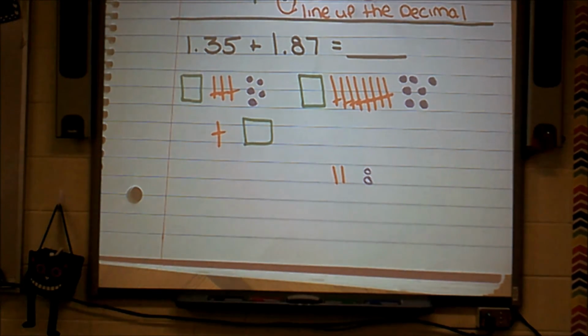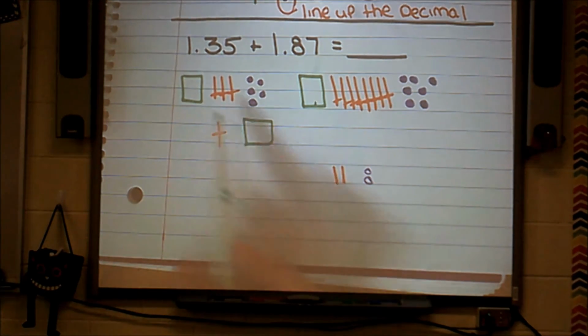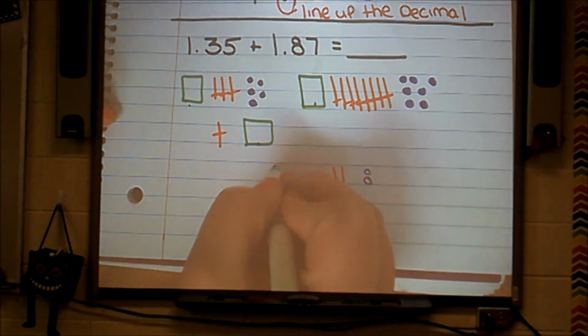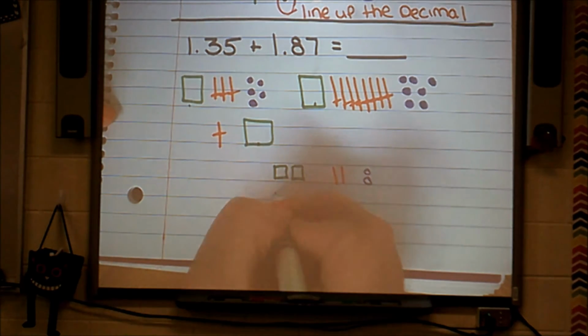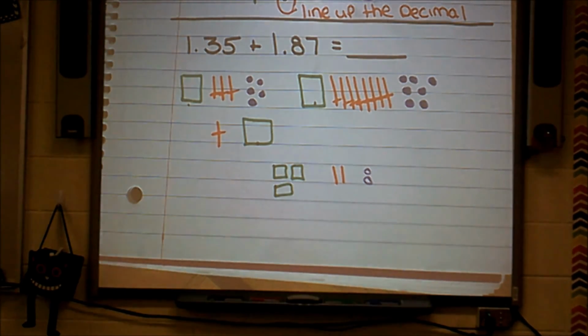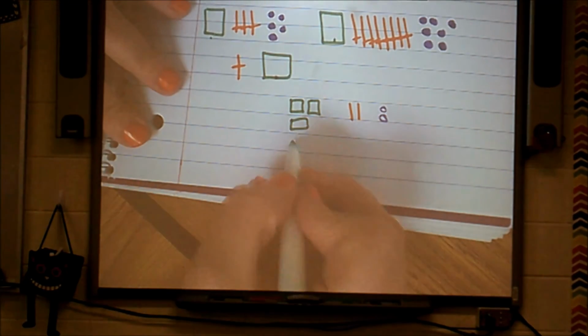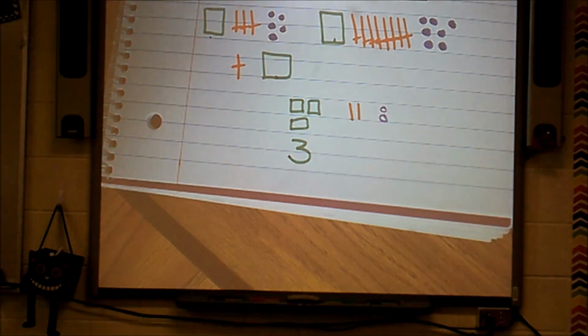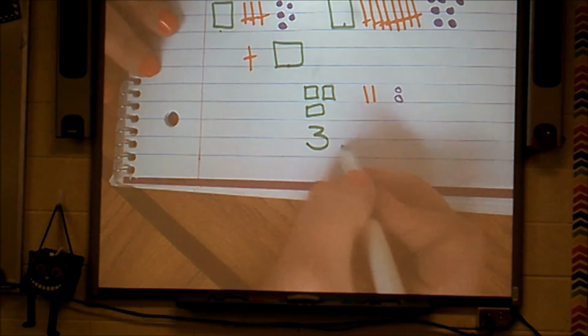Now I'm going to count my whole dollars. 1, 2, 3. So as a sum, I have 3 wholes. And I know my tenths place, which is less than a dollar, so I have to have a decimal.